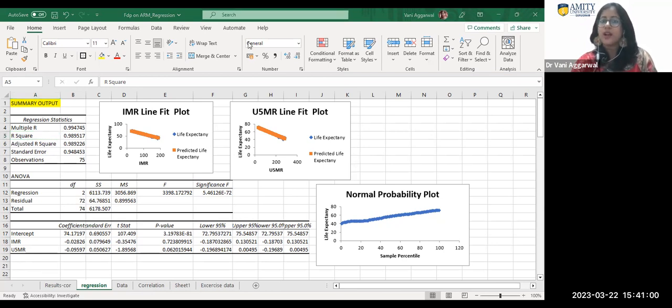Coefficient, no. Kaveri, coefficient of correlation, I just said multiple R is your coefficient of correlation. What is R square? This next variable, this one. What is R square? Coefficient of determination. Yes, coefficient of determination, right?